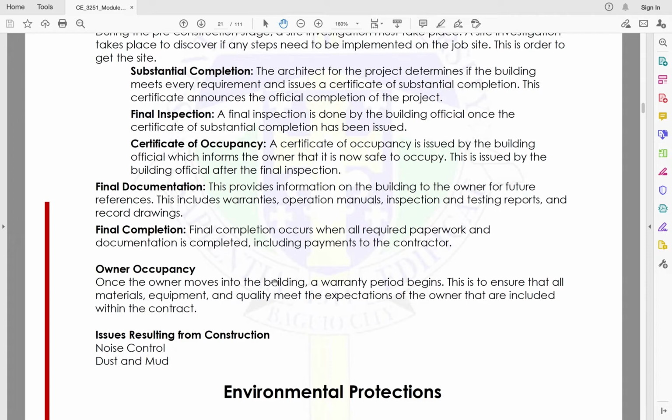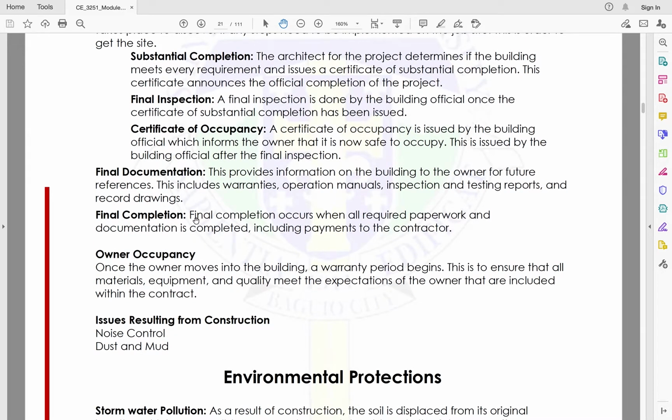And the final completion occurs when all required paperwork and documentation is complete, including all payments to the contractor. So the payments are done, all the negotiations and paperwork are finished, then it is final completion. After that, we can proceed to the occupancy.